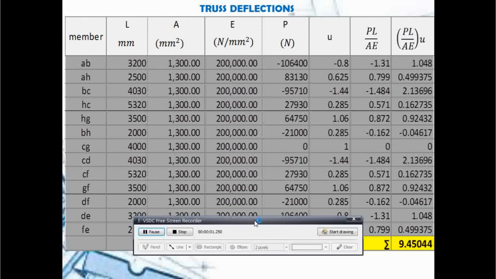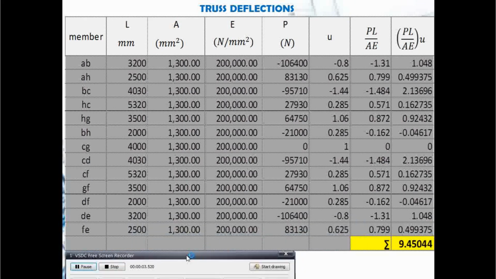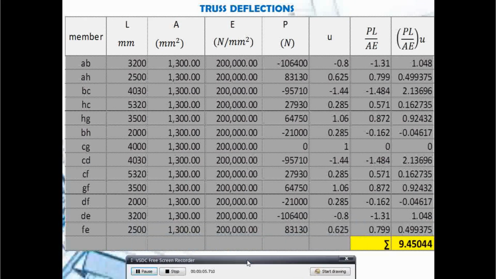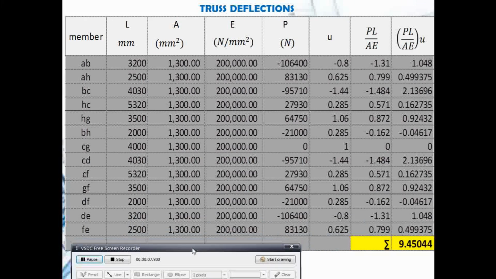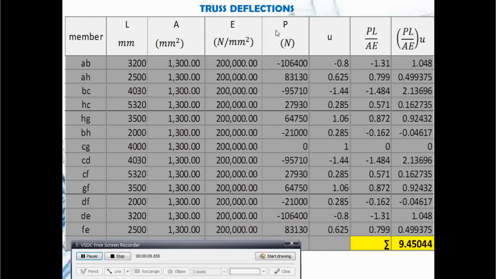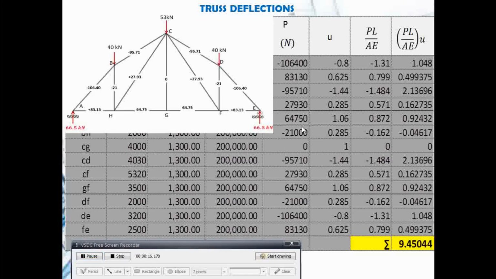I'm going to use a table for easier computation for the deflection of trusses. Saan ko nakuha si P? Saan ko nakuha si U? Now, you have to be reminded, itong si P, galing siya dito sa figure na to.